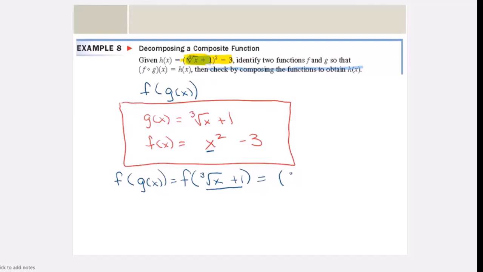So I have the cube root of x plus 1 squared minus 3. And let's look back at our original function, cube root of x plus 1 squared minus 3. Oh, perfect. We did it. So that's the difference between composition and decomposition.